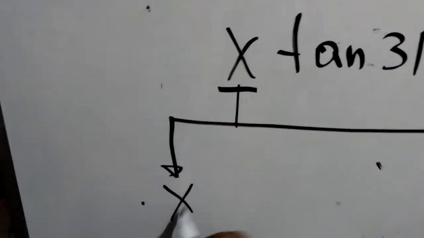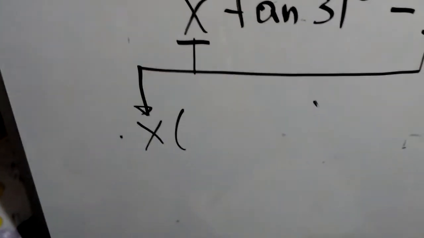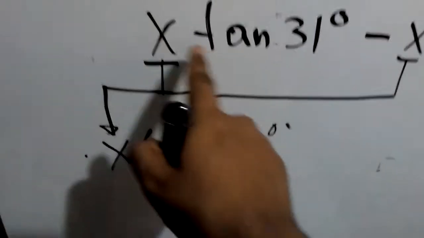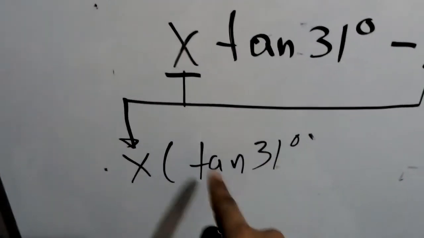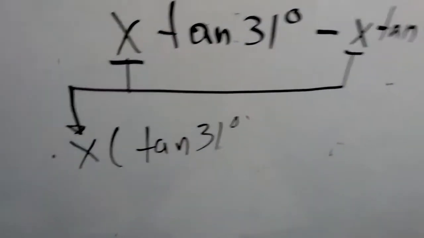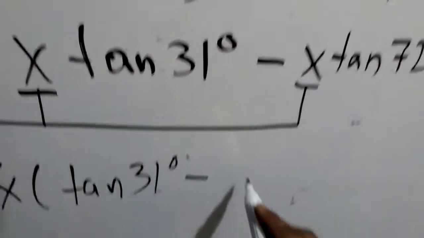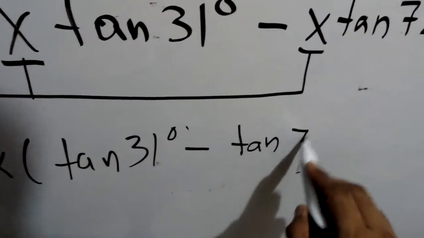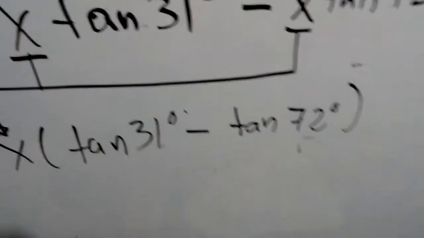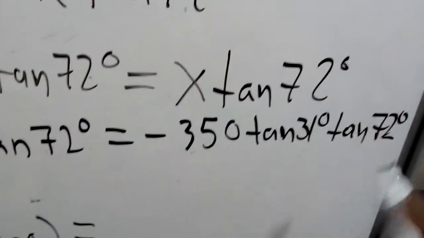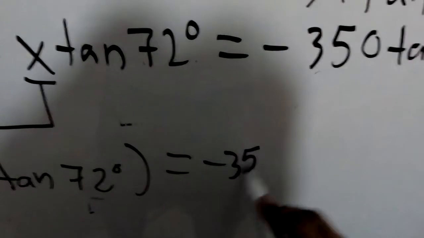So you put the x multiplying the tangent of 31 degrees because there was an x here, so what is left you put inside the parentheses minus, you take out the x, so you just have the tangent of 72 degrees and the parentheses close, equal, and we did nothing here, so it's the same, okay?